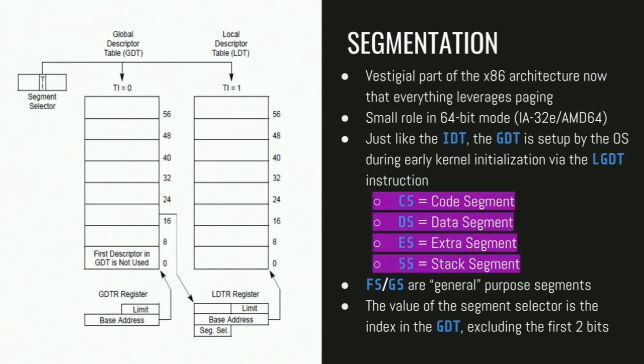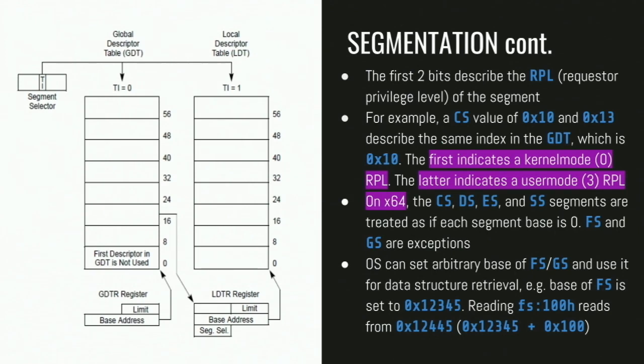And all of these segment selectors are just indices inside of this global descriptor table, very similar to an IDT, set up during early kernel initialization. It describes kind of how that region of memory works. Because paging exists nowadays, it's super irrelevant. What operating systems still use are FS and GS segment selectors, because you can set arbitrary base addresses still in 64-bit mode.